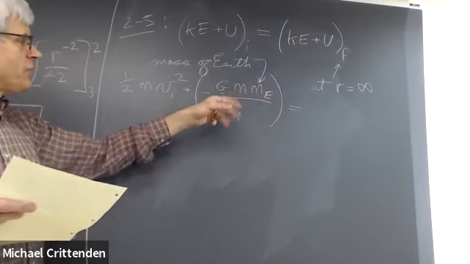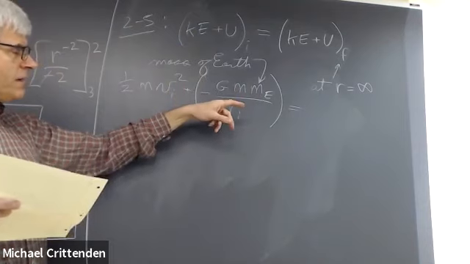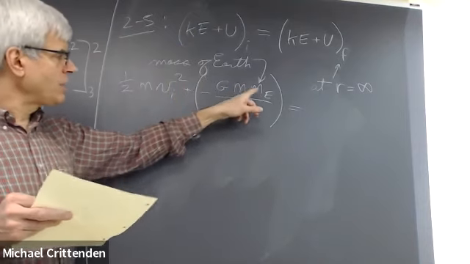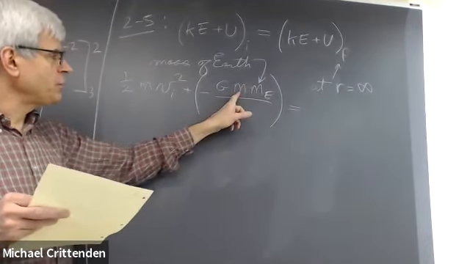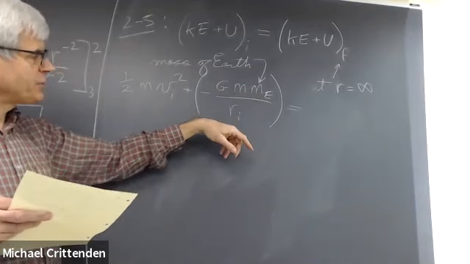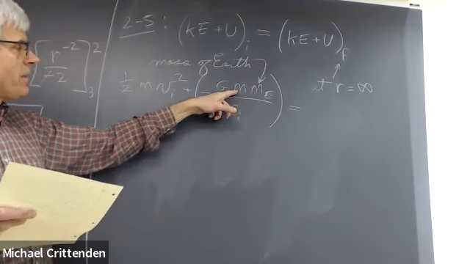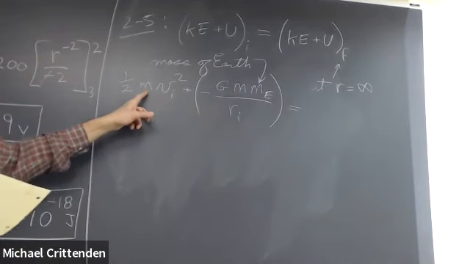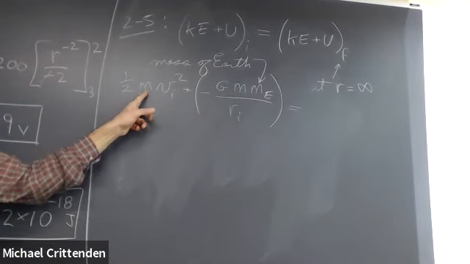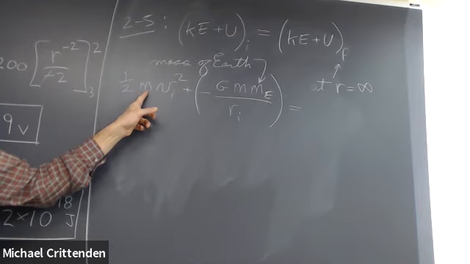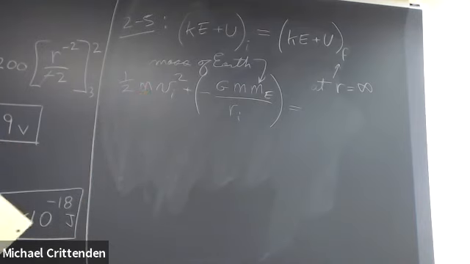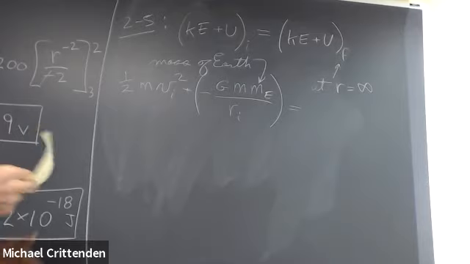ME is, just like in the inverse square law for force, M1 and M2 are the masses of the two objects that are attracting each other, which in this case is the Earth. ME is the mass of the Earth. The M without any subscript, the same mass that's in the kinetic energy, is the mass of the projectile that you've thrown into space.